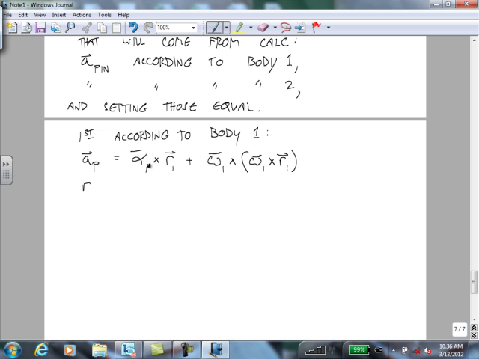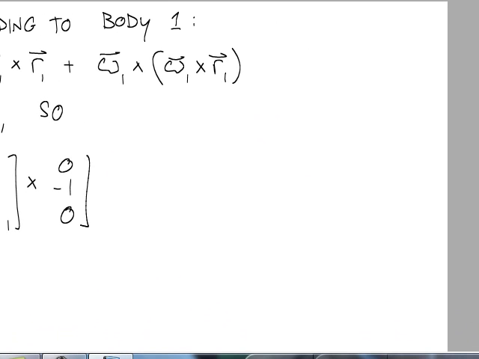So the acceleration of that pin is equal to 0, 0, alpha 1 crossed with 0, -1, 0 plus, who wants to calculate all this stuff? 0, because we don't have any angular velocity.